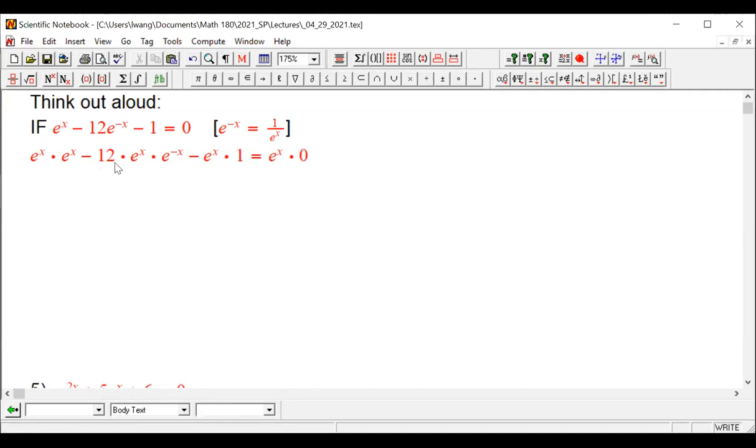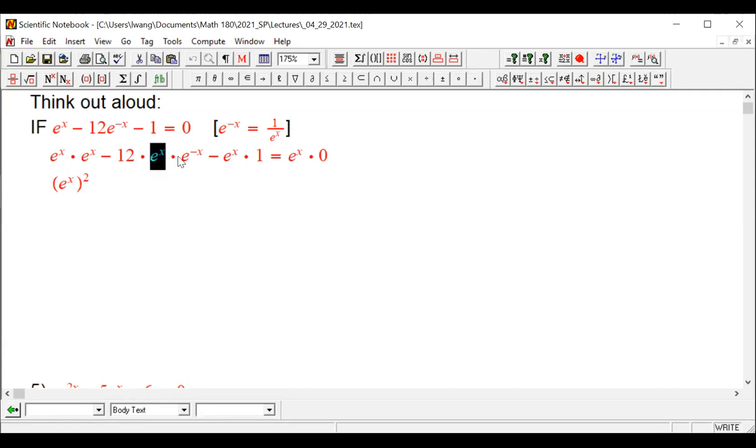I multiply with every term on both sides. That's principle number 4. Now this piece, e to the power x times e to the power x, equals e to the power x squared. There's a slight difference from what I did last time, but it's not going to change anything. It's just a different way of expressing it.